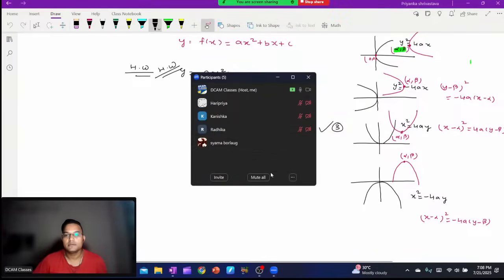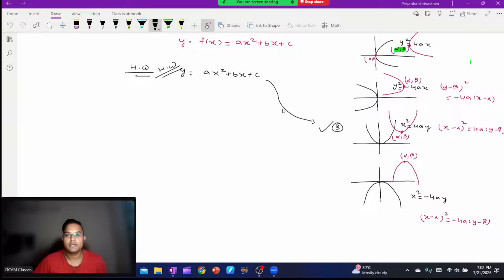Shama, could you plot it and find out the domain and ranges?